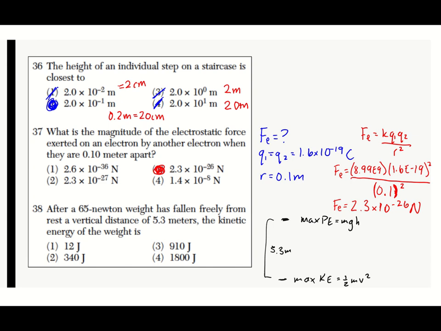So mgh, 65 newtons, that's already mg, that's the weight. So 65 newtons is mg times the height of 5.3 meters, and that'll get us our answer of about 340 joules. I just did the math in my head. Choice 2.